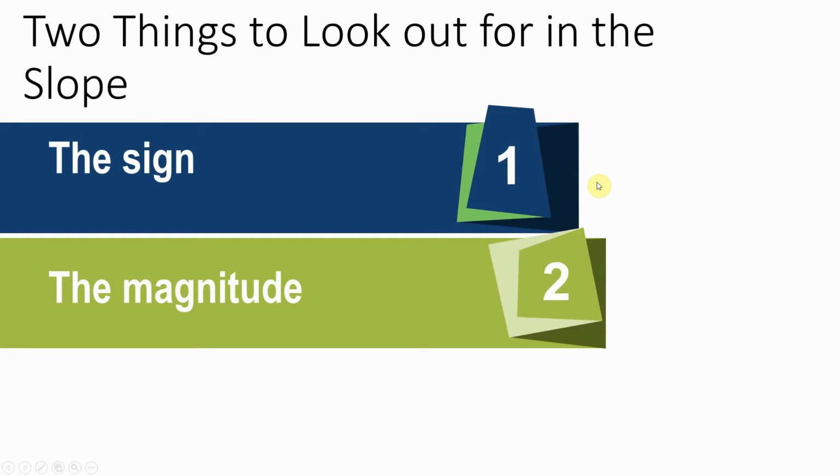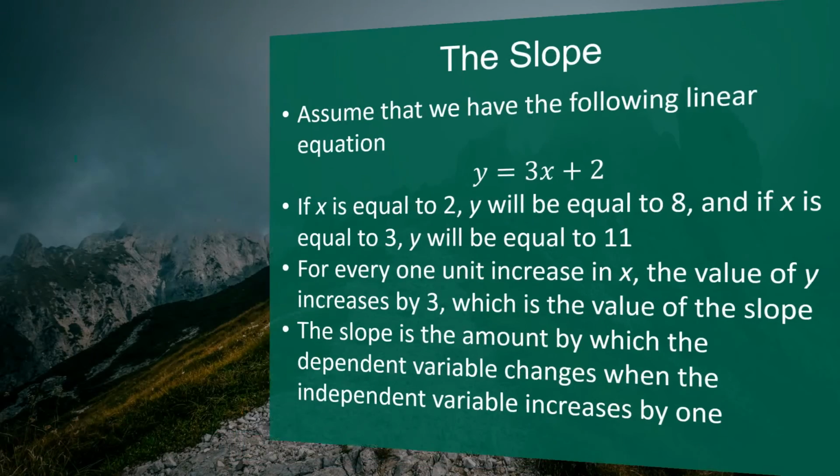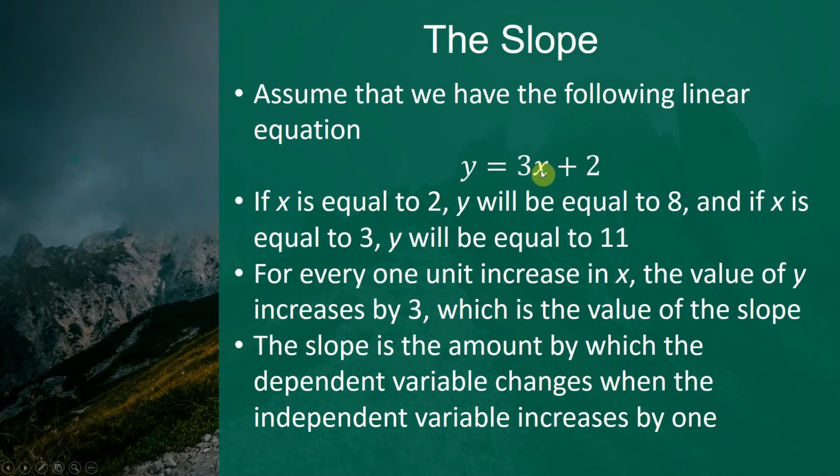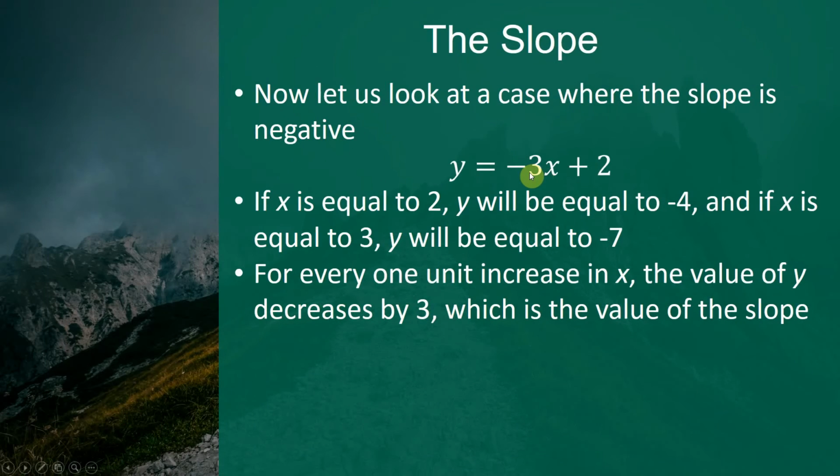The sign of the slope tells us whether y will increase or decrease when x increases. If we go back to our example over here, this slope was positive. So when x increases, y increases. X increased from 2 to 3, y increased from 8 to 11. In the example in which the slope was negative, when x increased, y actually decreased.